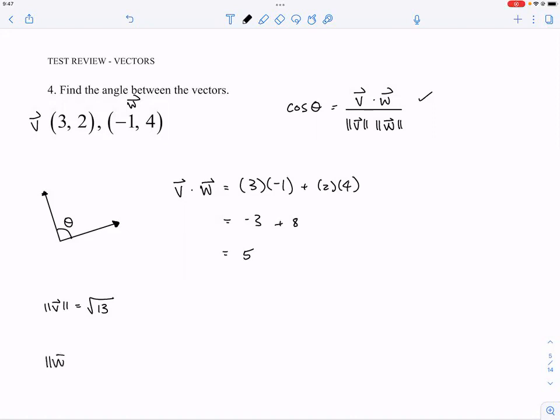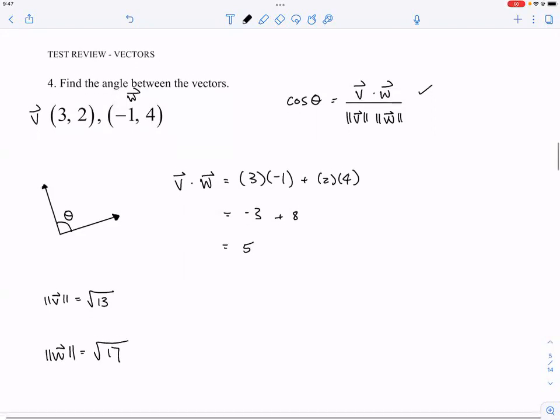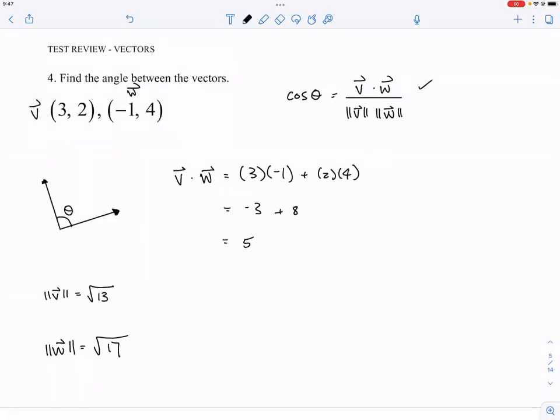And for W, it will be the square root of 17. So with all these numbers in place, cosine theta is equal to 5 over square root of 13 times square root of 17.